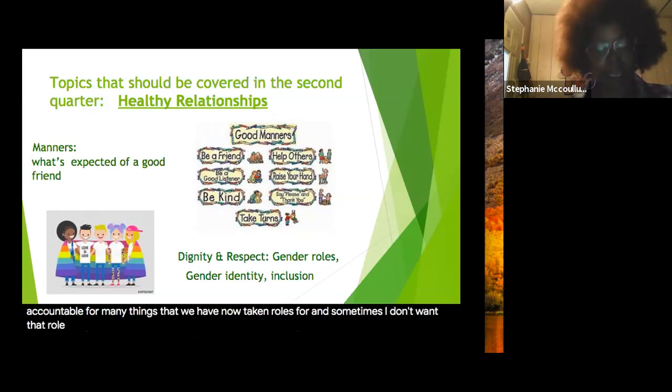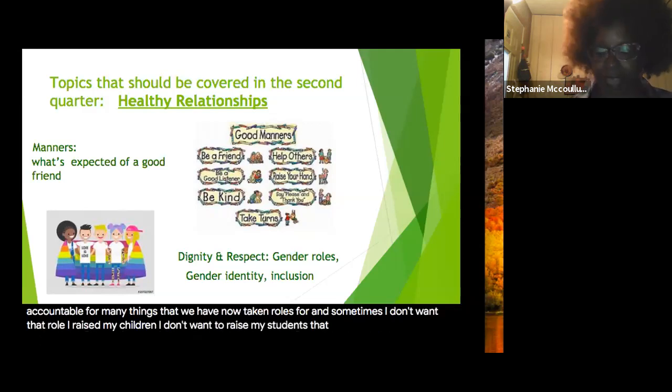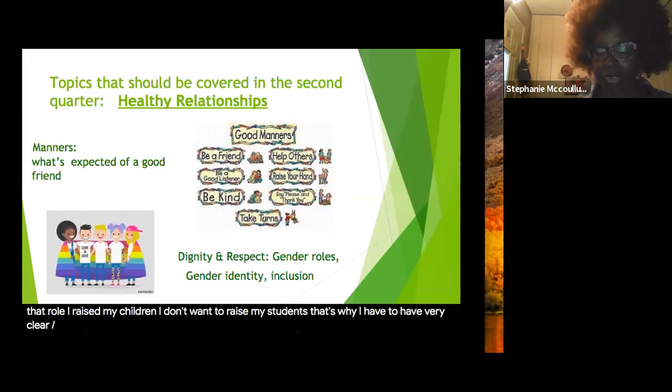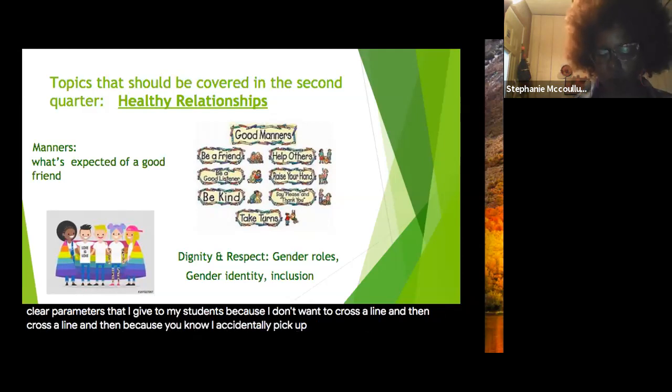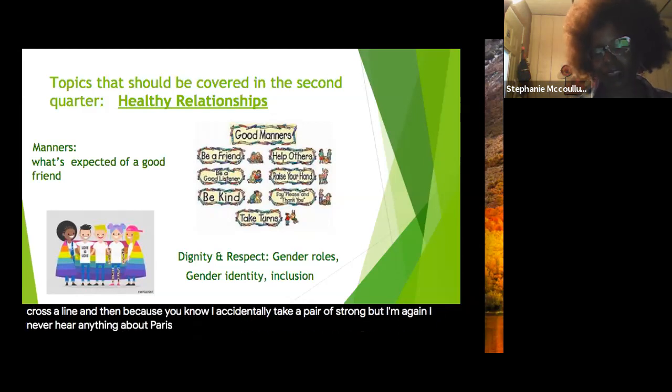I raise my children. I don't want to raise my students. That's why I have to have very clear parameters that I give to my students, because I don't want to cross a line and find myself in hot water because I accidentally take a parent's role. But I never hear anything about parents in this venue. That's just my opinion.